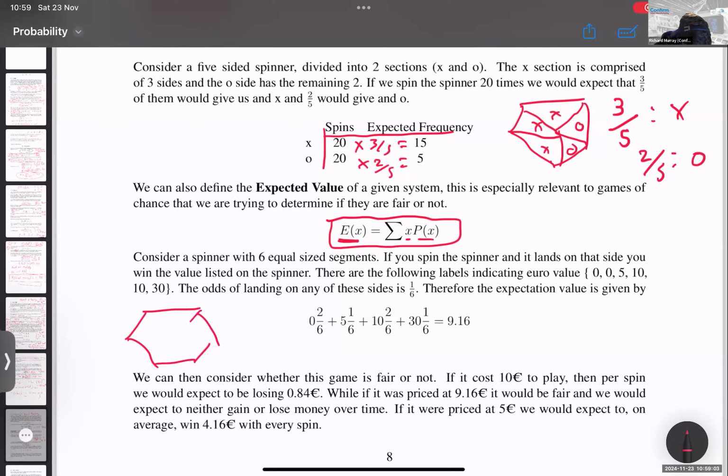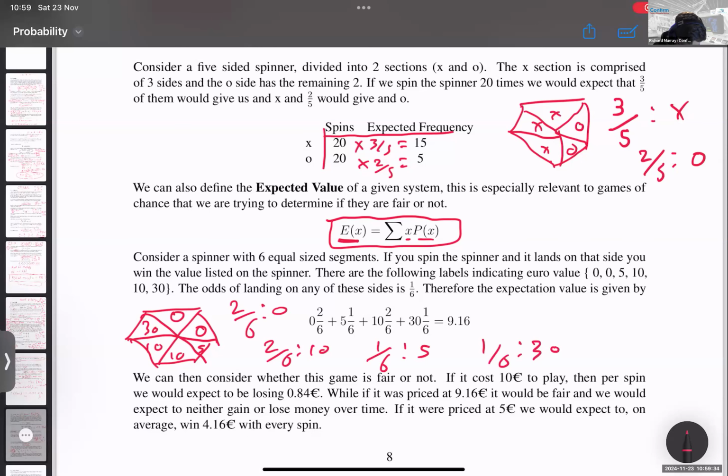and you see that the sides of this spinner are labeled with 0, 0, 5, 10, 10, and 30, you see that there is a 2 in 6 chance of getting 0, a 2 in 6 chance of getting 10, a 1 in 6 chance of getting 5, and a 1 in 6 chance of getting 30.